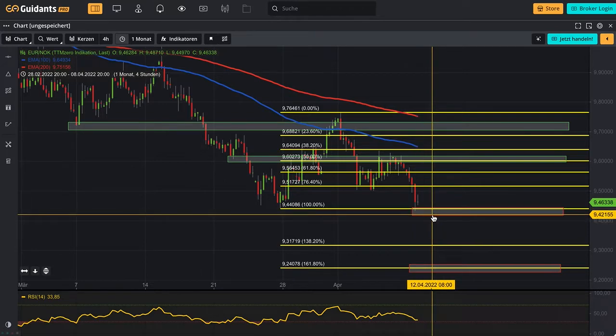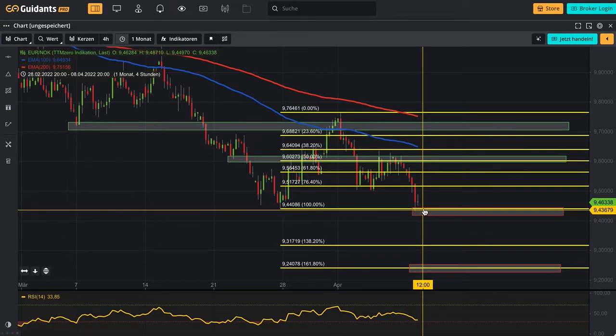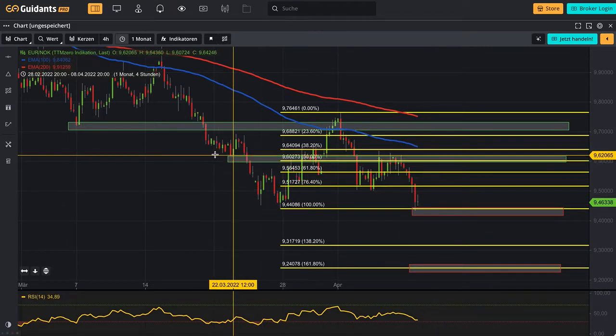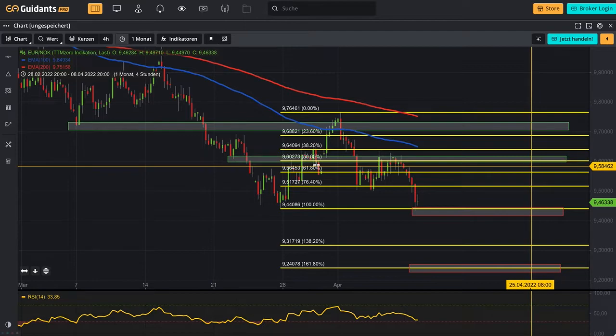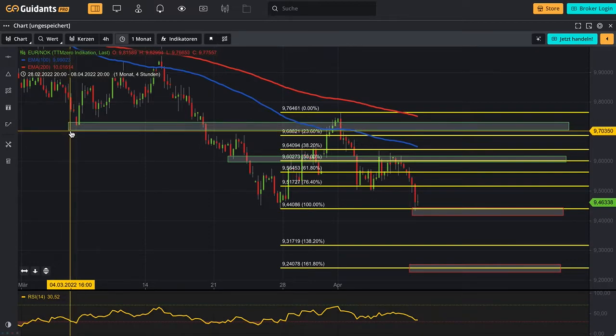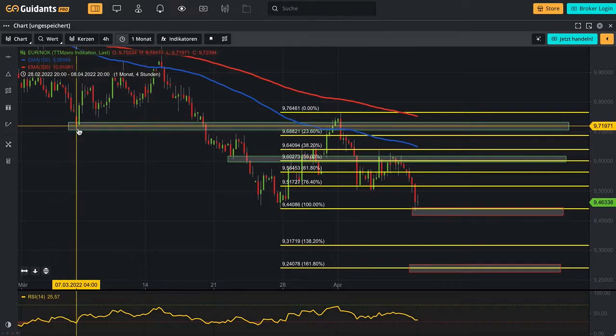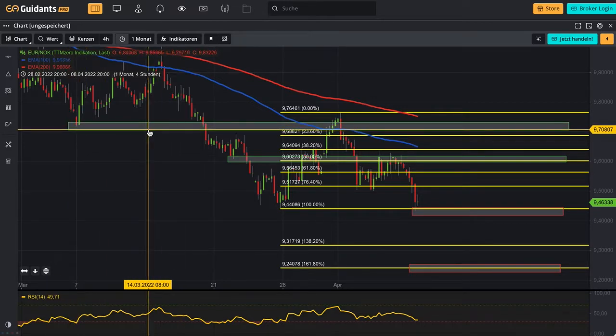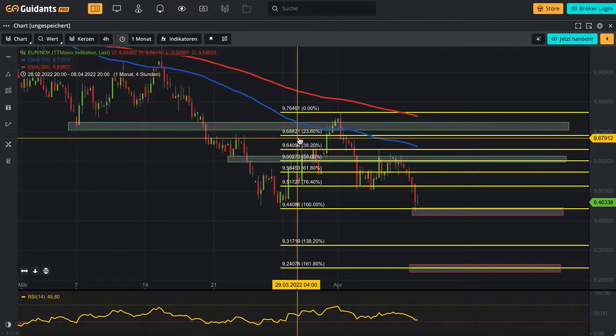The first thing, of course, is that we have a retest of that neckline from here, the first green area, and it should be a really bad day or a couple of bad days for oil and gas, in case it comes up to that area from 968, almost in direction of the 970s.